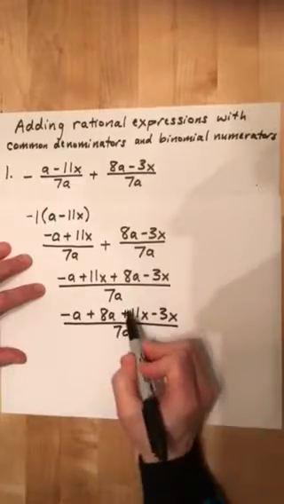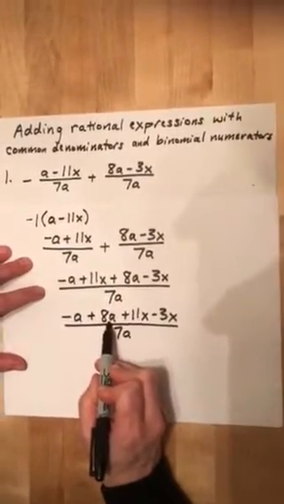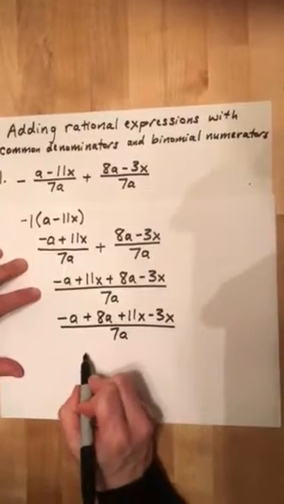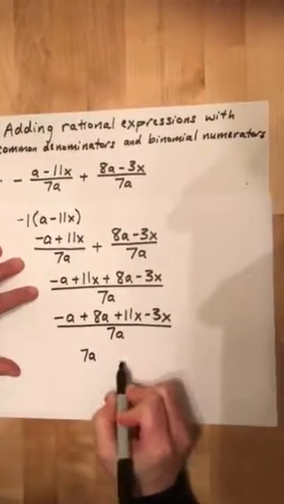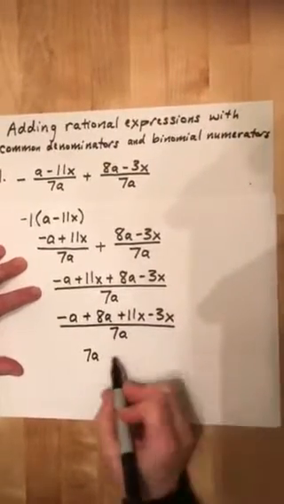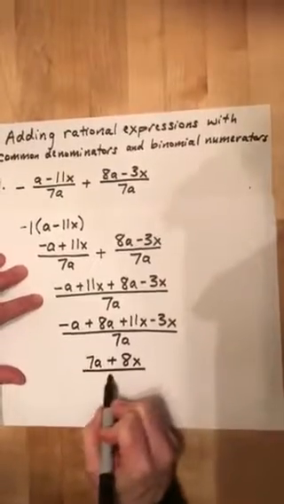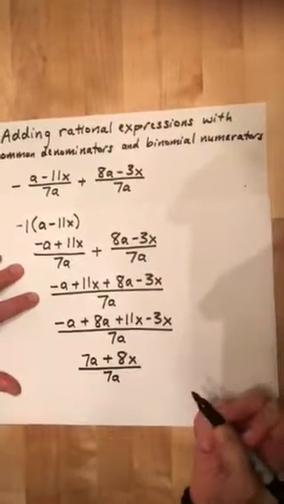And now it's just a bit simpler to see that we have like terms. Negative a and positive 8a would combine and make positive 7a. 11x and negative 3x would combine and make positive 8x. We still have our common denominator of 7a.